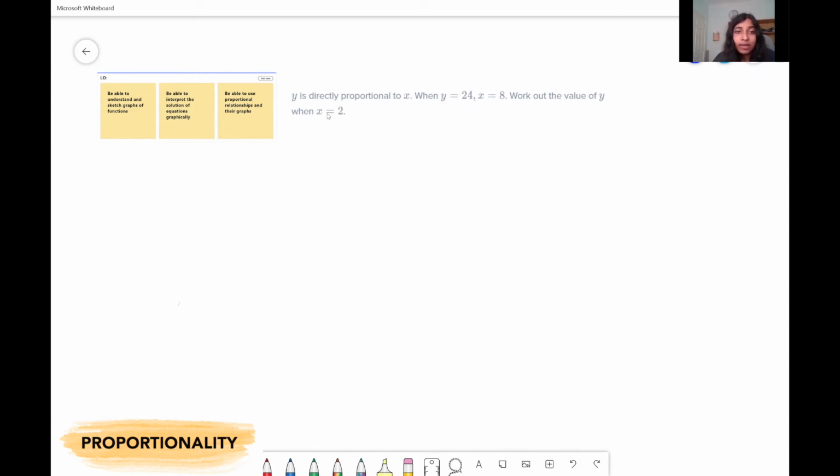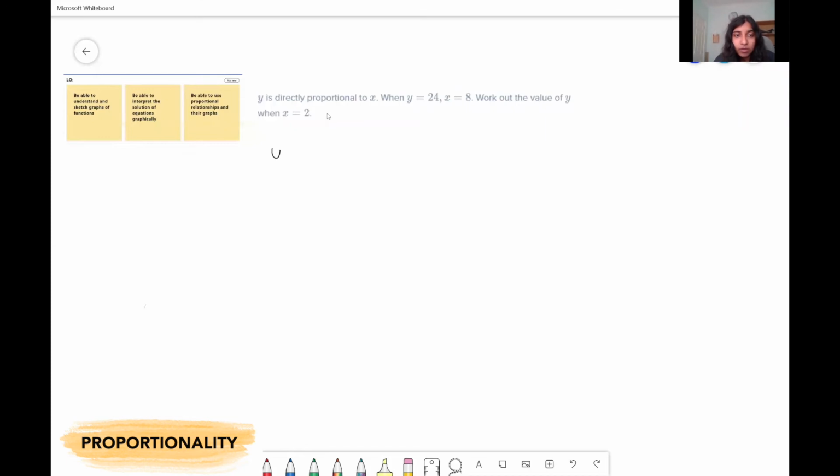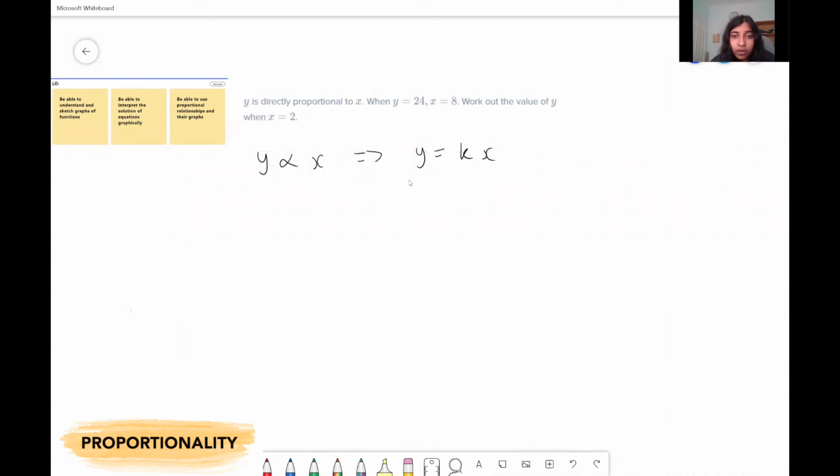So if y is directly proportional to x, that means that y is equal to kx. What we need to do is find out what the value of k is. We can do that by subbing in the numbers that they've given us. So it'll be 24 is equal to k times 8. If you do 24 divided by 8, that means 3 is equal to k.